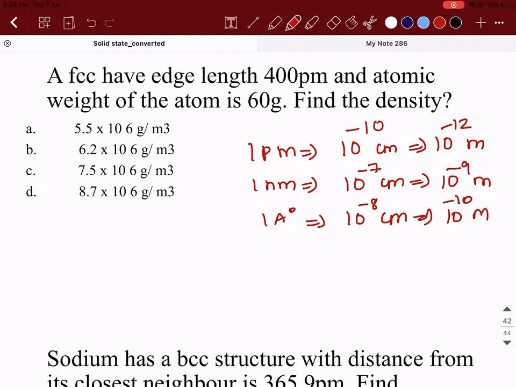B. Correct. Good job. Everyone got the answer? I'll do it here.